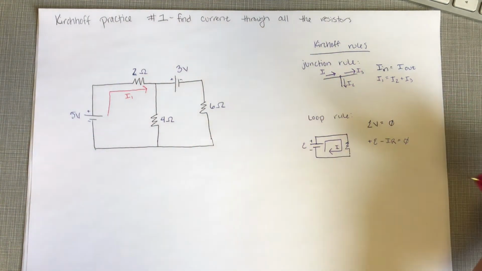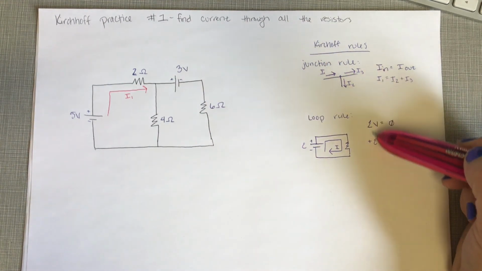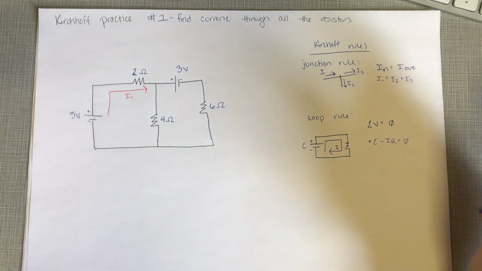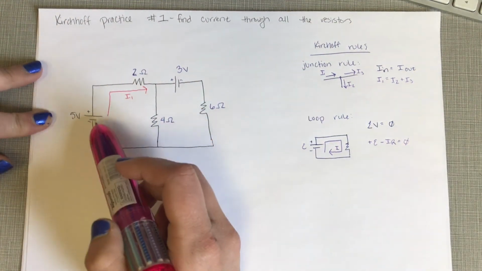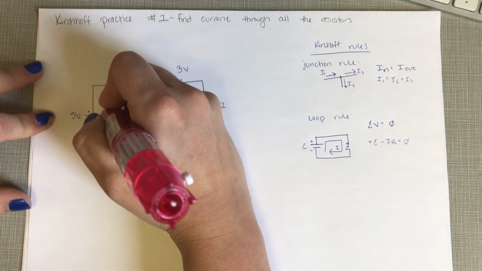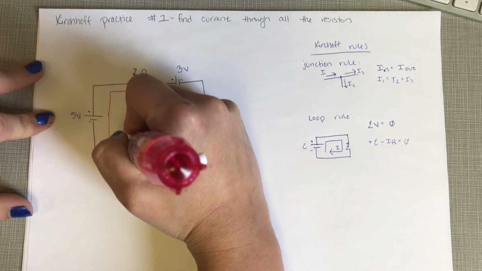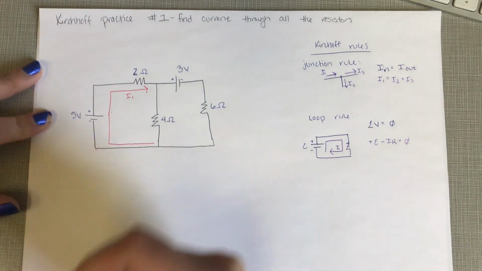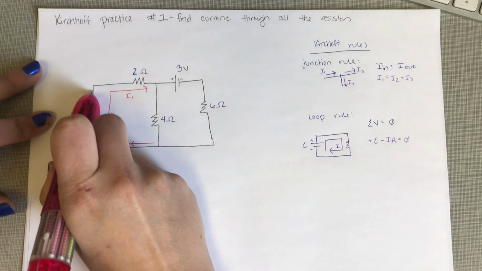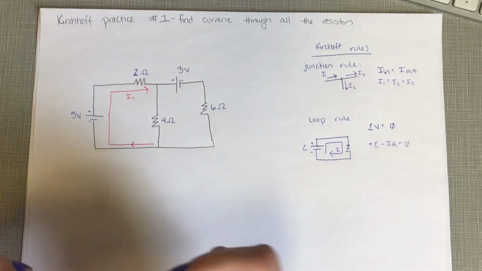You can draw them whatever way you want, and analyzing your circuit with these rules is going to tell you whether that direction is right or wrong. So this current is number 1, so I'm going to extend this all the way down into that junction. So this entire blob of wire has the same current.